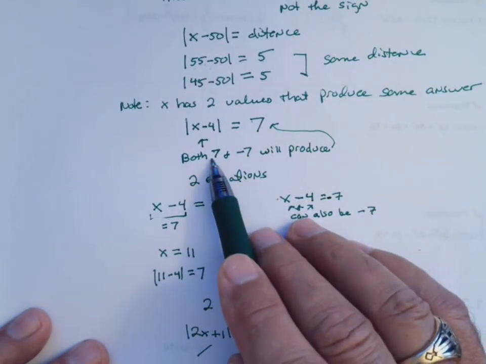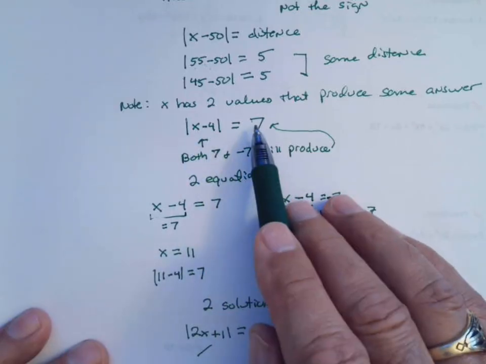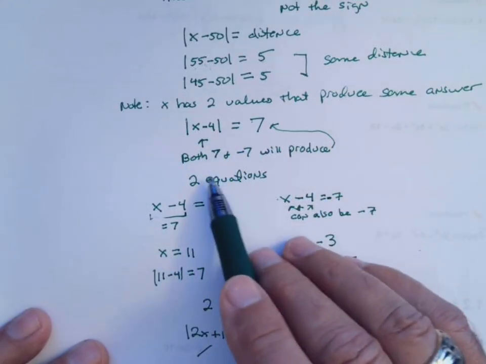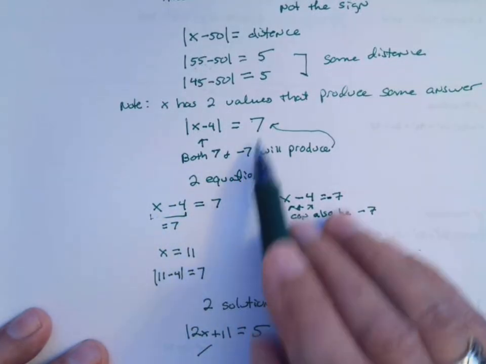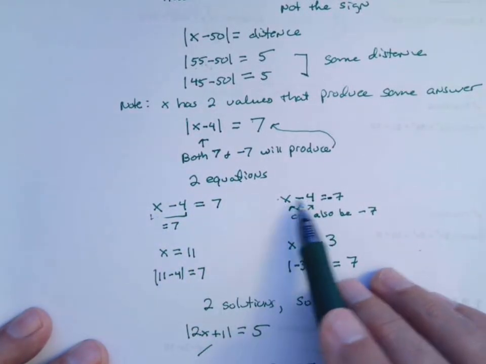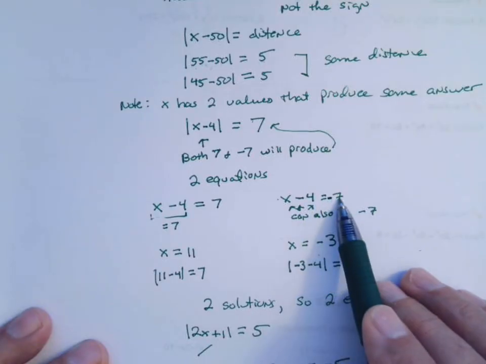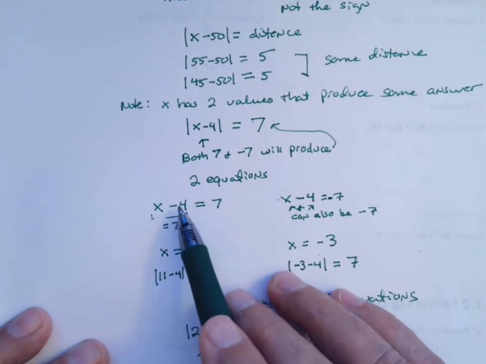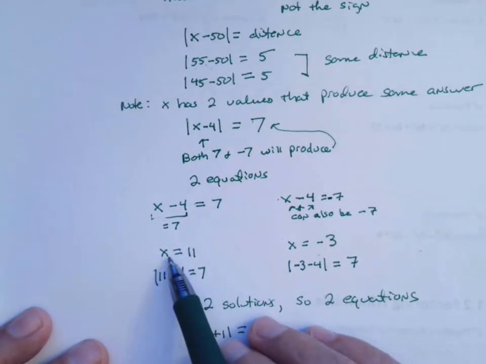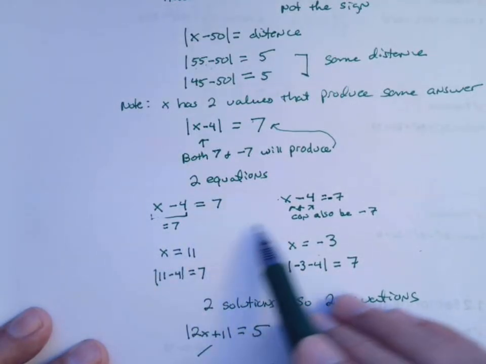So if what's inside can be 7 or negative 7, those are our two equations. We set the inside equal to 7, and we set the inside of the absolute value also equal to negative 7, and we just solve each one. Again, these are going to be very simple equations. Here I add 4 to both sides, and so I get x is equal to 11.